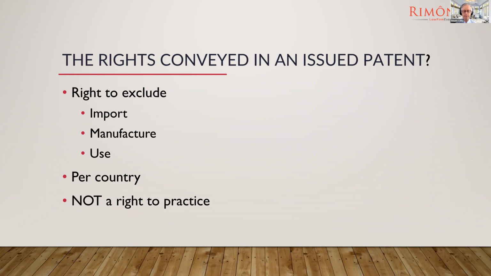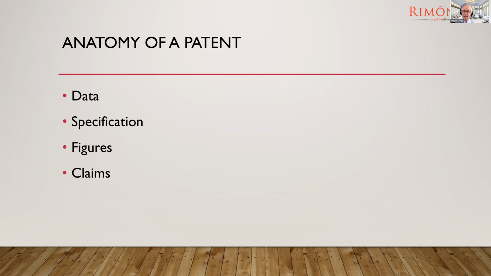Let's first look at what the basic parts of a patent are, okay? In the beginning of the patent, there's a data page. That's the page you first bring up when you look at the PDF nowadays, right? There's a section called the specification, which is a big, long description. The specification can be really long. I've seen patents that are hundreds of pages long. It's a nightmare, right?